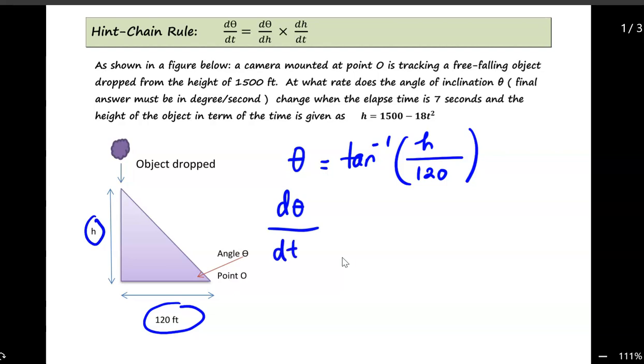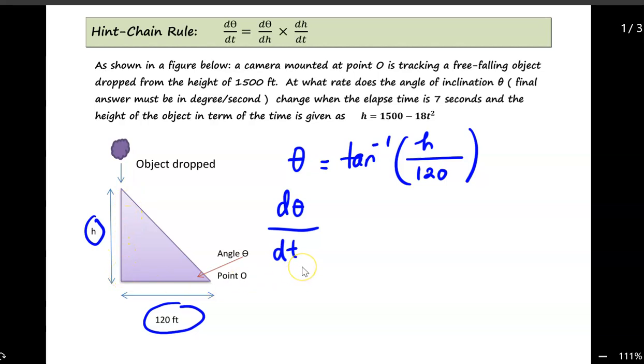As a function of time, we'll answer this question here, the rate at which the angle of inclination changes. I would like you to visualize this camera looking at this object and then moving according to this object. So it's more like a motion detector camera. The camera will move along with the object being moved.